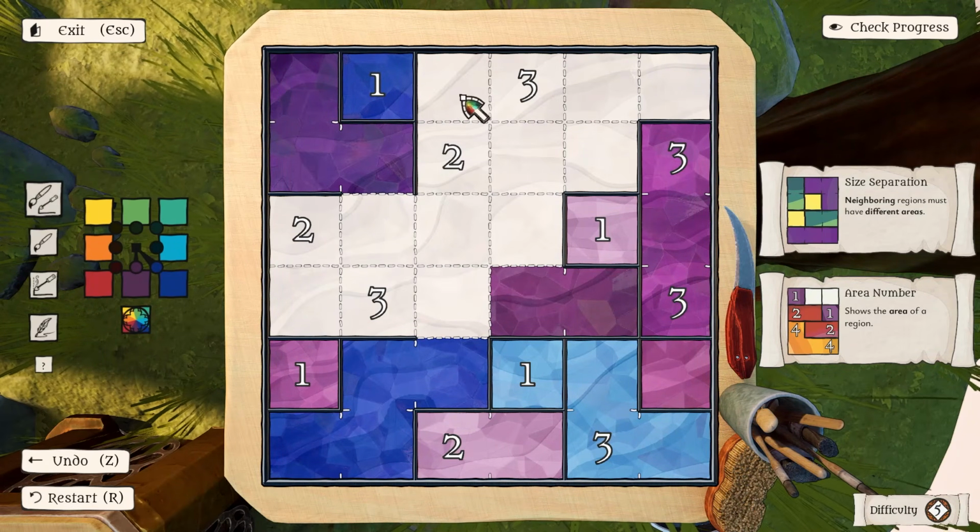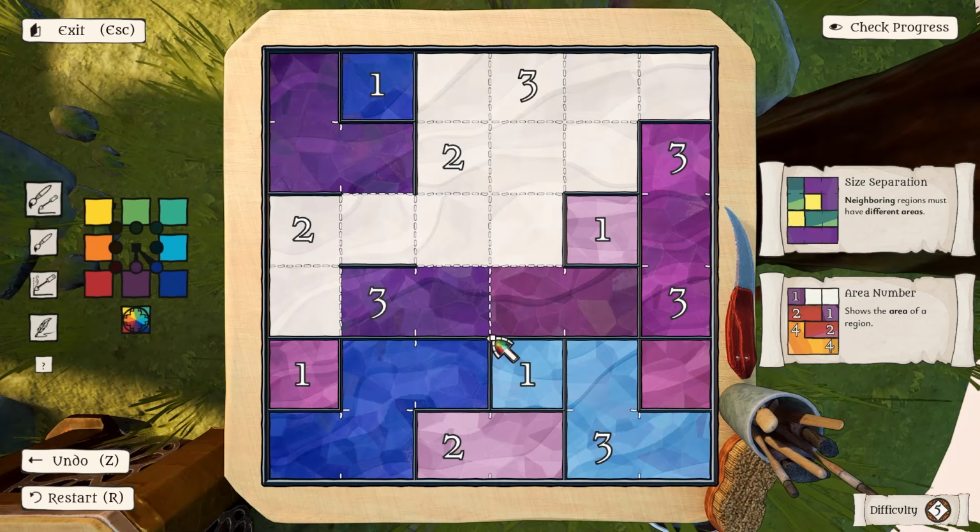That can't be a 1, so it has to be part of either one of these. Could be part of either of them. This can't go up, because if it did, it would be a 3 next to a 3 here, so that's true. Therefore, this must extend at least to here, blocking that and blocking that.